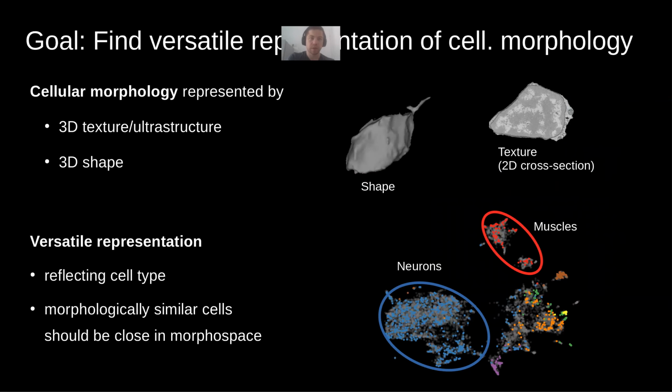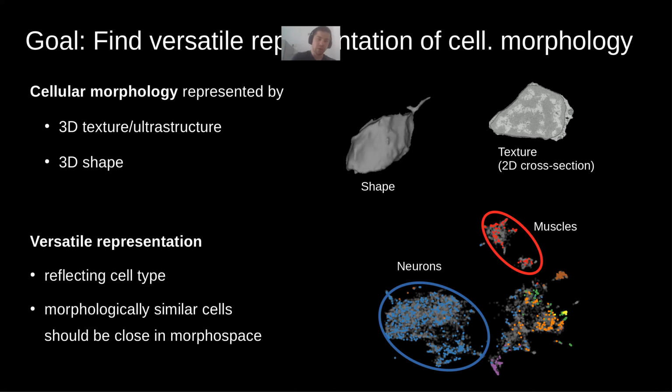So the goal here was to find a versatile representation of the cellular morphology. And in this project, when we talk about cellular morphology, we mean the 3D texture of a cell, so what's inside, and the 3D shape that we have through the segmentation mask.